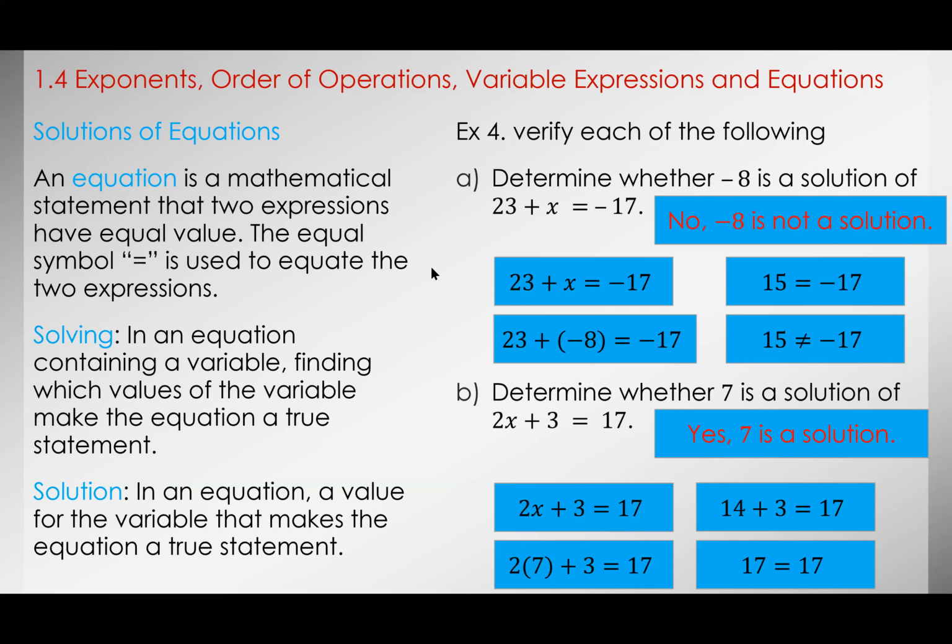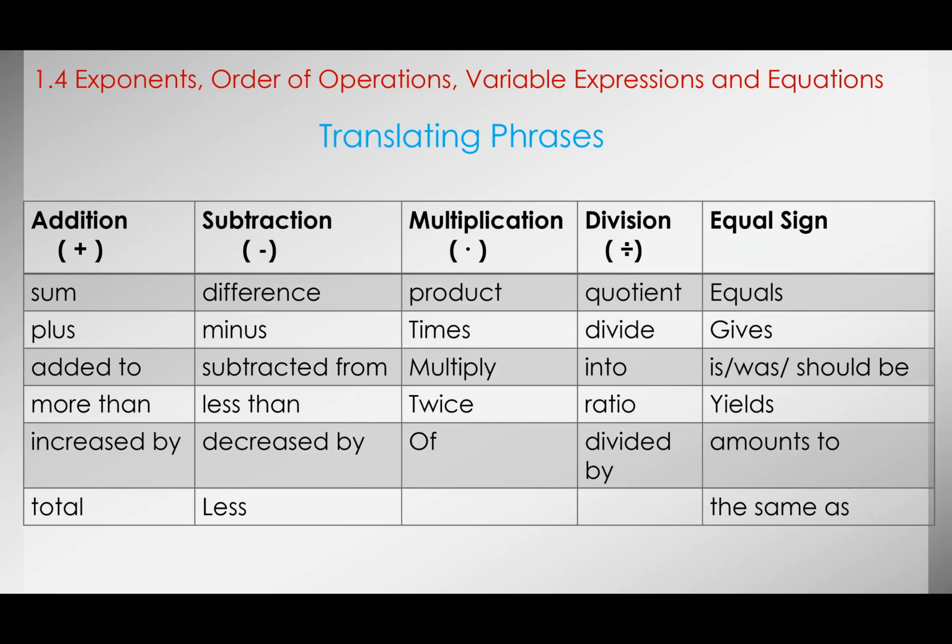All right, if you don't have questions, let's continue with the last item we have. Don't worry about this one yet; I just put it up here because we will go back to it in chapter 2. It tells you that different English words represent the operations you have.